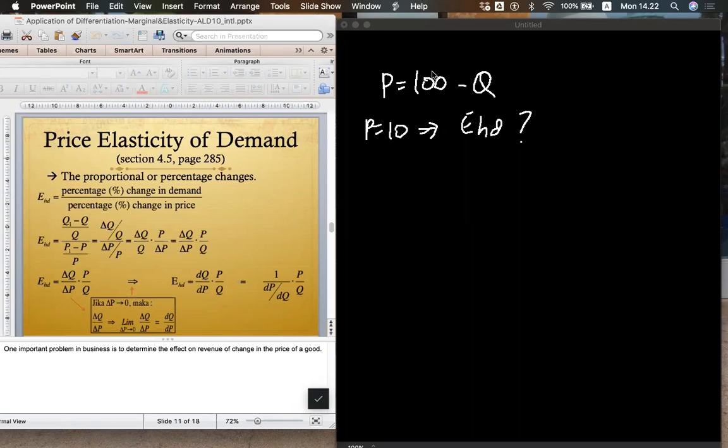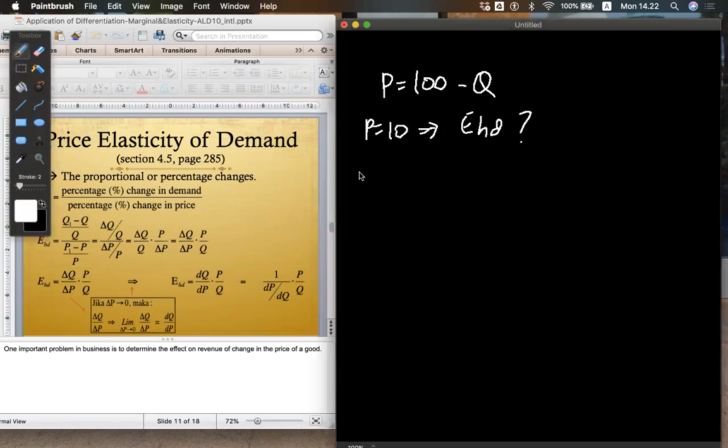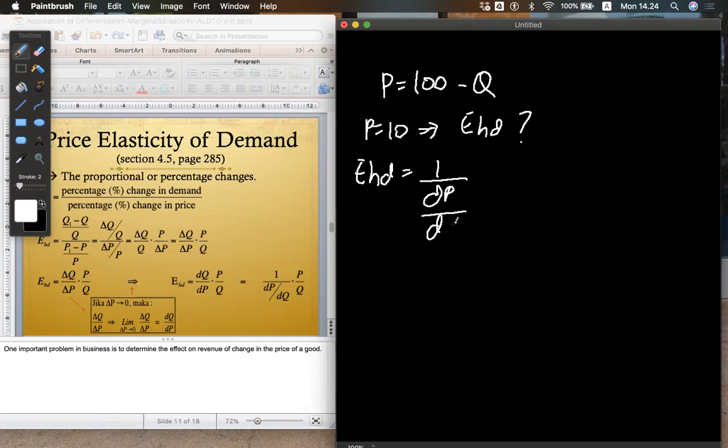In this case, we can calculate Ed using dP by dQ, because P is a function of Q. So the elasticity will use this formula: dP by dQ times P by Q.